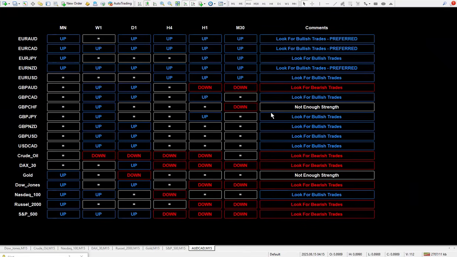Now here is the daily trade plan I use after 20 years. This is the best daily trade plan I ever came across. It'll analyze from the monthly right down to the 30 minutes, and within the comments here it'll say look for bearish trades, bullish trades, some will be preferred, and sometimes it's just not enough strength.